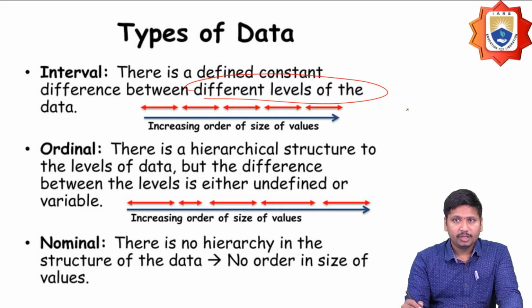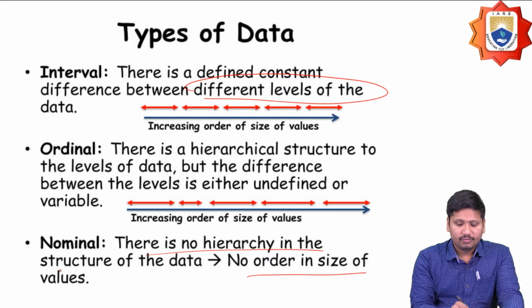Ordinal means there is a hierarchical structure to the levels of data, but the difference between them is either undefined or variable. Nominal means no hierarchical structure is maintained, that is, no order in the size of the values.